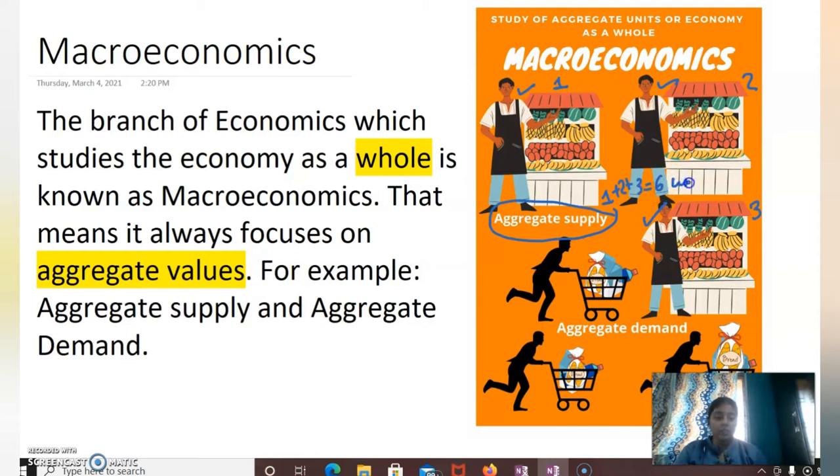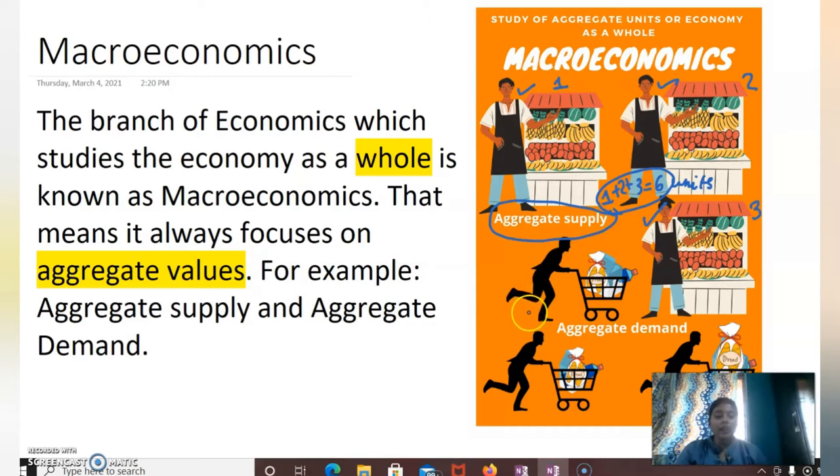So 6 units we will be getting. This is an aggregation of the individual units, so we take it into consideration under macroeconomics.